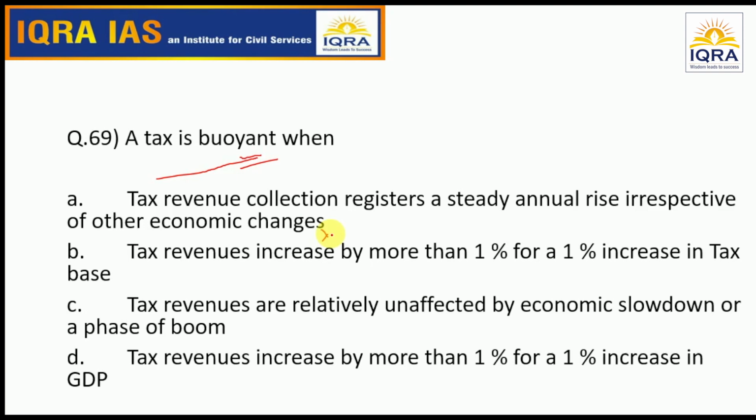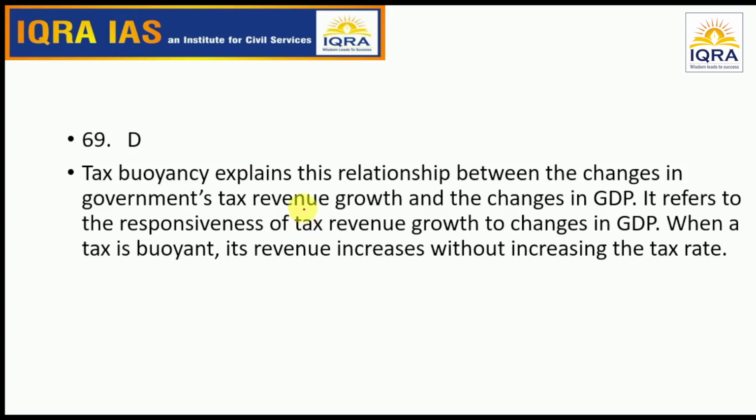So this is what buoyancy is. When tax revenues increase by more than 1% for a 1% increase in GDP, we call that the buoyant tax. So this is between changes in GDP and government's tax revenue.